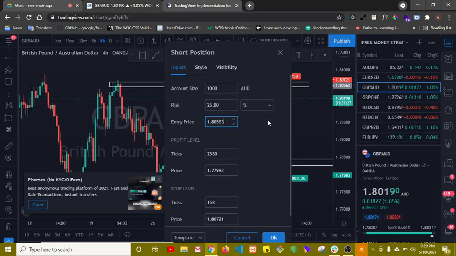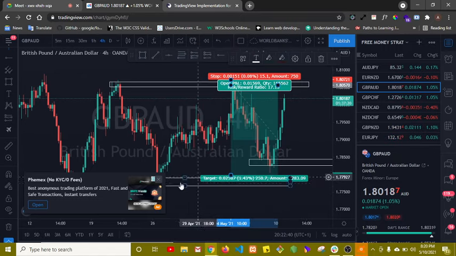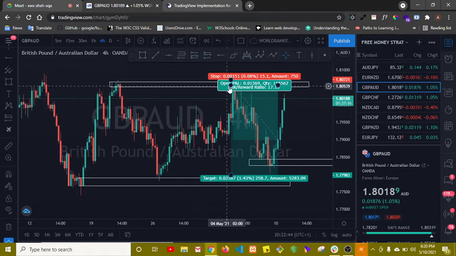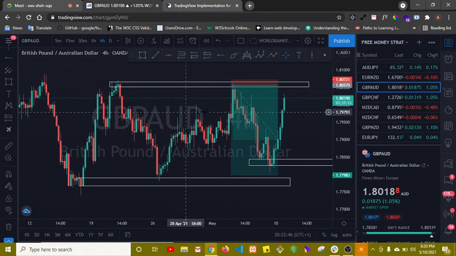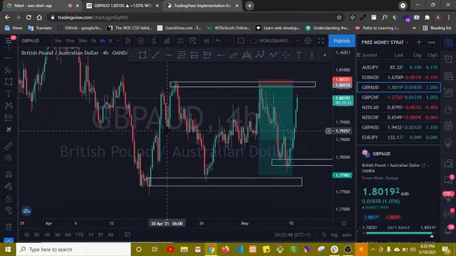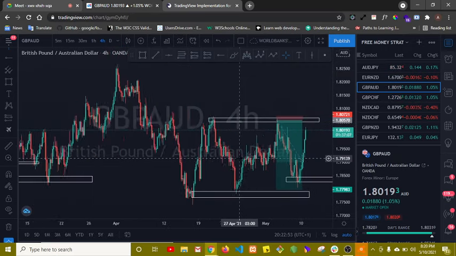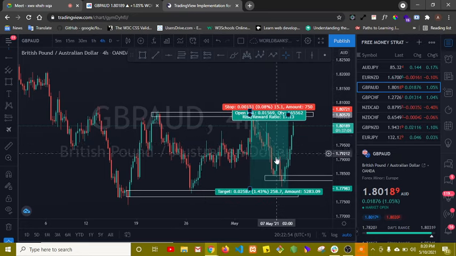I'll just change it to 570, and then I'm good. That's a wholesale price. Can you see? Like a sniper entry. You don't need support and resistance at all.